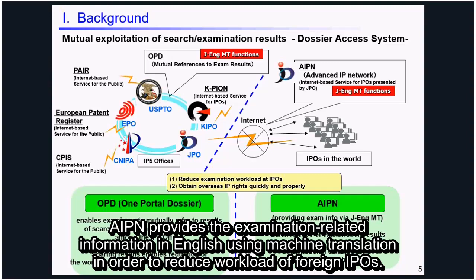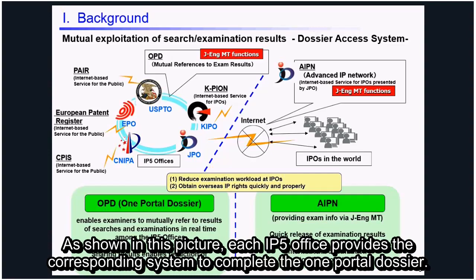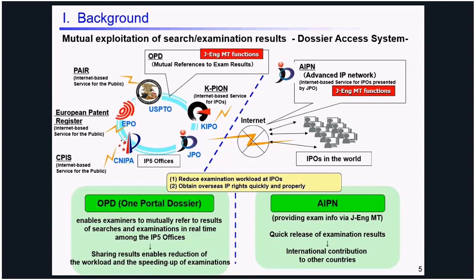AIPN provides the examination-related information in English using machine translation in order to reduce workload in foreign IPOs. As shown in this picture, each IP5 office provides a corresponding system to complete the One Portal Dossier.